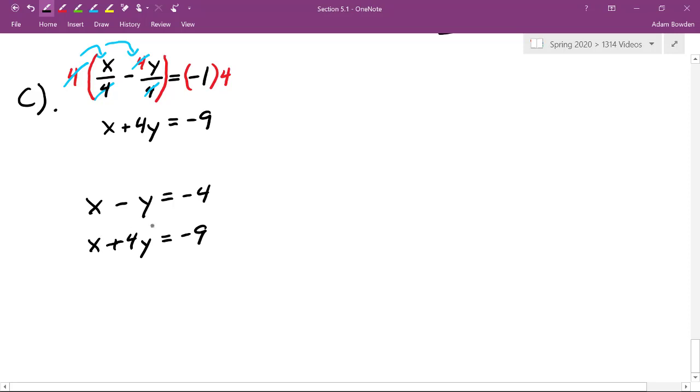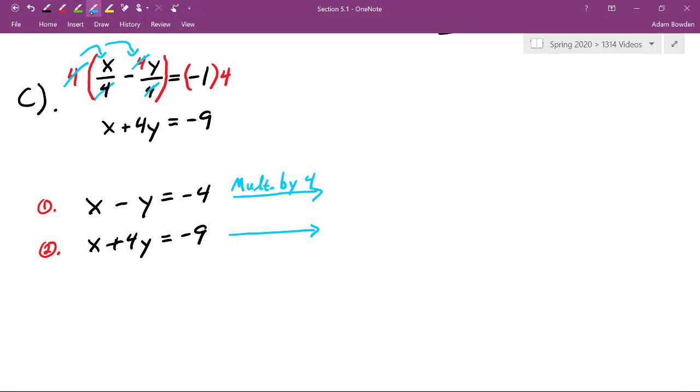And now we want to figure out how are we going to add the x's and the y's so they'll cancel out with each other. Well, looking at this, if I had a negative 4y, I could make it cancel with a positive 4y. So to make that happen, what I'm going to do is take the first equation and multiply that by 4. So I'll just label those equation 1 and equation 2.